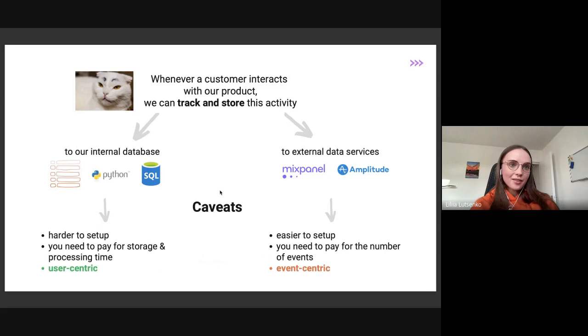So some caveats when we talk about analytics systems. When we talk about how to set up external data services, as I said, they usually provide APIs, so they are easier to set up. They charge for a number of events because they store all user data in their database.